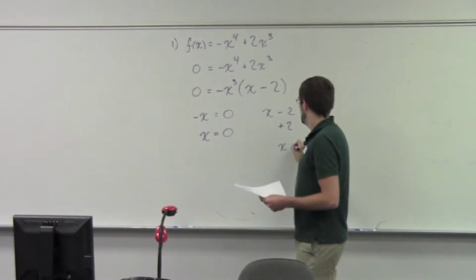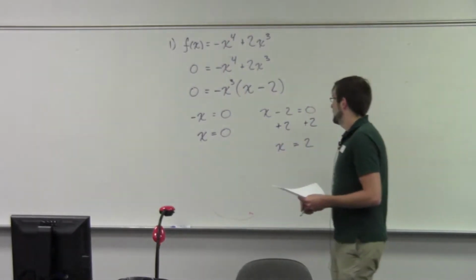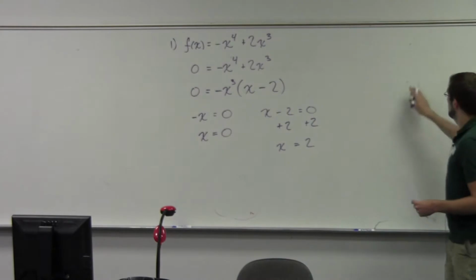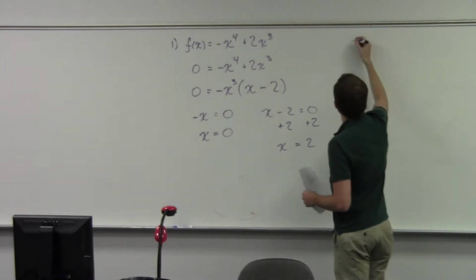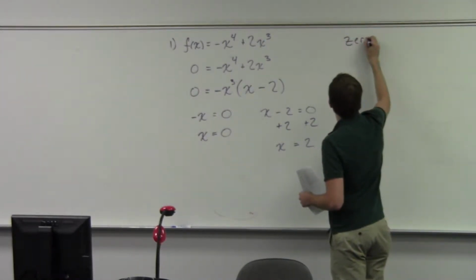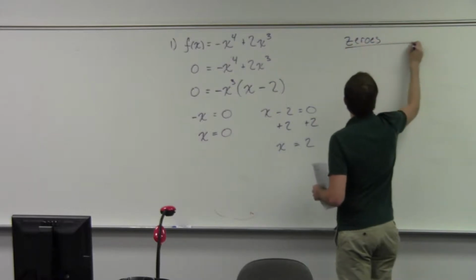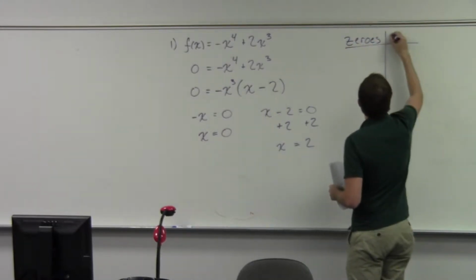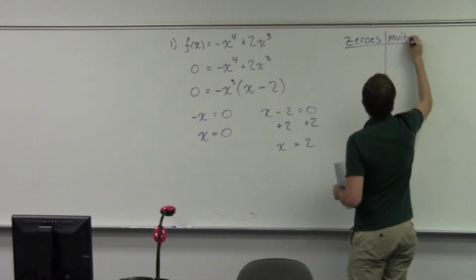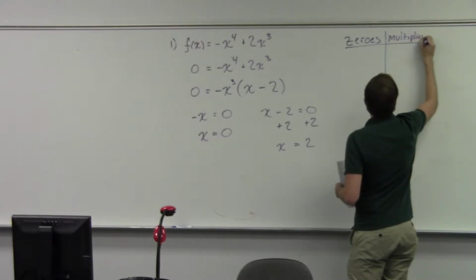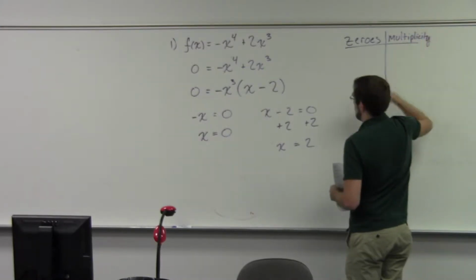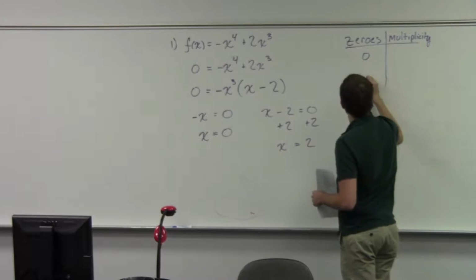I add 2 to both sides, so I get x equals 2. So my 2 zeros are 0 and positive 2.